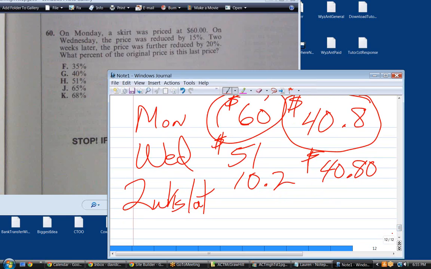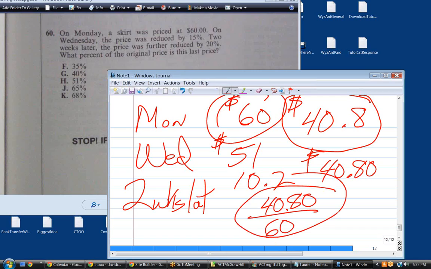Do you divide? Yes. What by what? The original is always in the denominator. So tell me what that percent is. You have your calculator? Yeah, it's 68%.